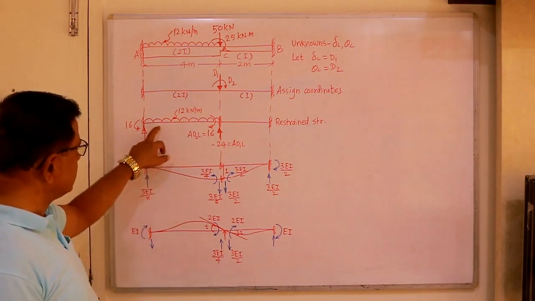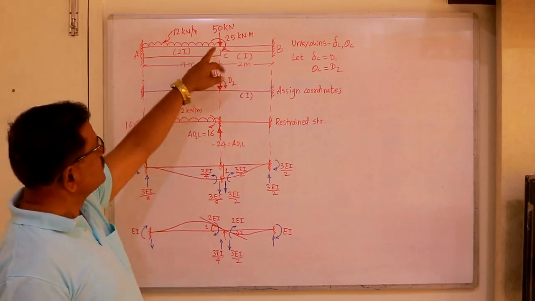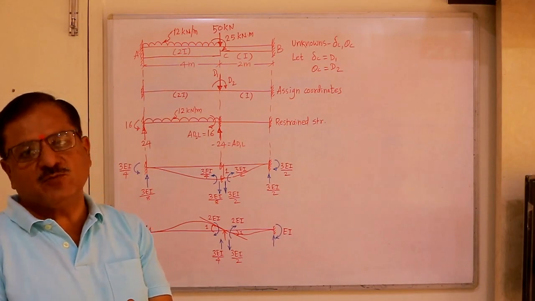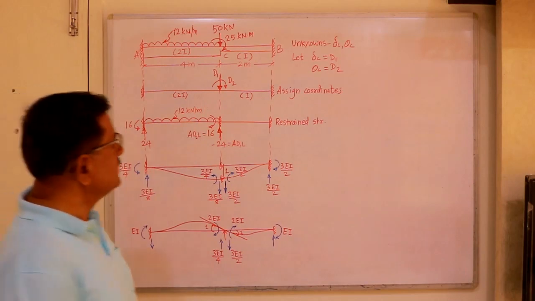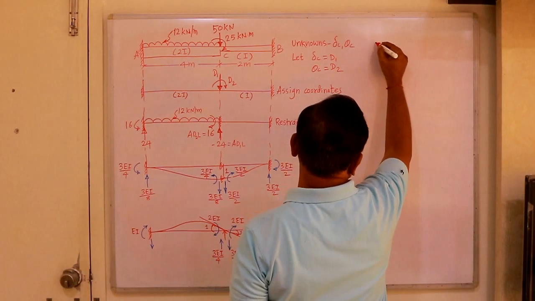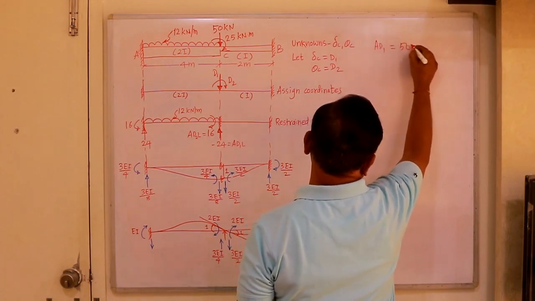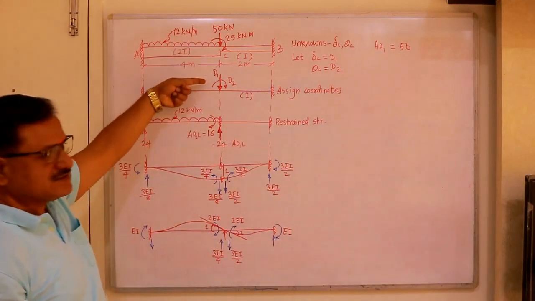Now these restraint actions will be due to the member loading. Actually, the 50 kilonewton load and the 25 kilonewton meter, that concentrated load and bending moment, are acting in the direction of unknowns. They are called the original actions. That is AD1 is equal to 50, since D1 is downward and the 50 kilonewton is downward.